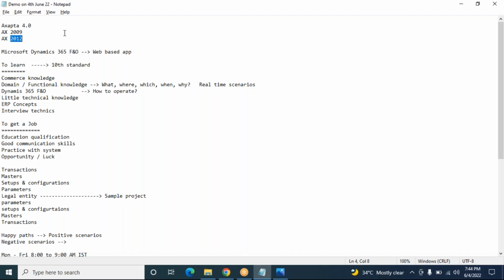It is pure functional. The earlier name was AX 2012. Now it is Dynamics 365 F&O. There are many versions: RTM, R0, R1, R2, and R3. Three years back I used to teach AX 2012 R3. For the last 2.5 to 3 years, I'm providing training on Dynamics 365 F&O only.